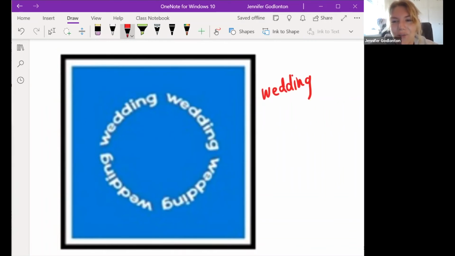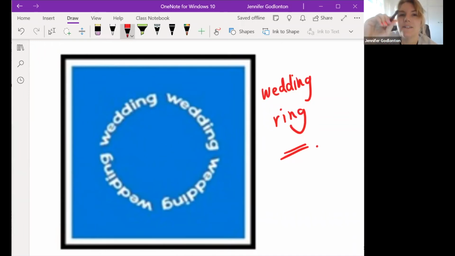Wedding ring. It's a wedding ring. Wedding ring. Circle of life. No, but you know what would be a good circle of life? If we had pictures of a newborn baby that slowly went around to a really old person. That would be a great dingbat for the circle of life.